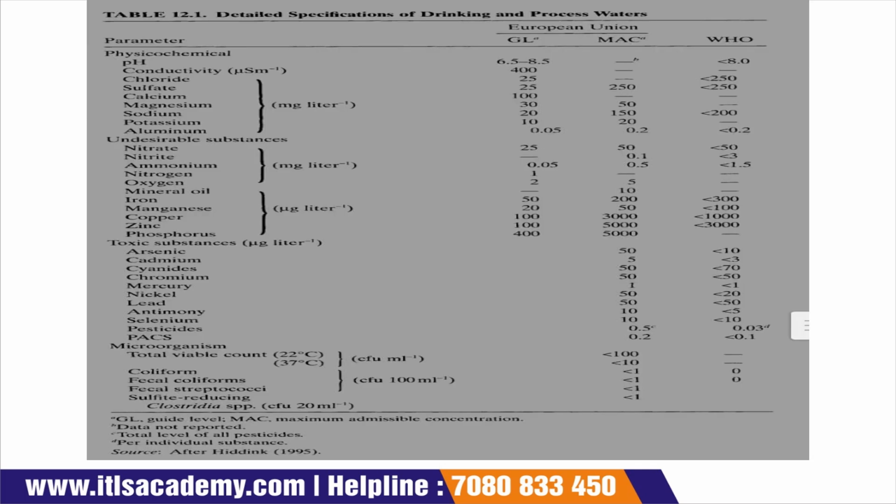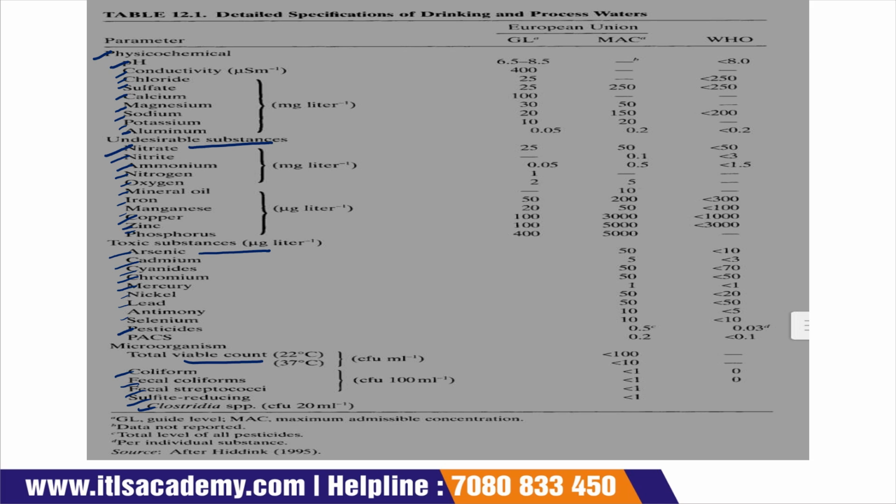So this table gives a detailed specification of drinking and process water. The parameters include physiochemical properties like pH, conductivity, chloride, sulfate, calcium, magnesium, sodium, potassium, aluminum; undesirable substances like nitrate, nitrite, ammonium, nitrogen, oxygen, mineral oil, iron, manganese, copper, zinc, phosphorus; toxic substances like arsenic, cadmium, cyanide, chromium, mercury, nickel, lead, antimony, selenium, pesticides; and microorganisms like total viable count, coliform, fecal streptococci, and sulfite-reducing Clostridium species.